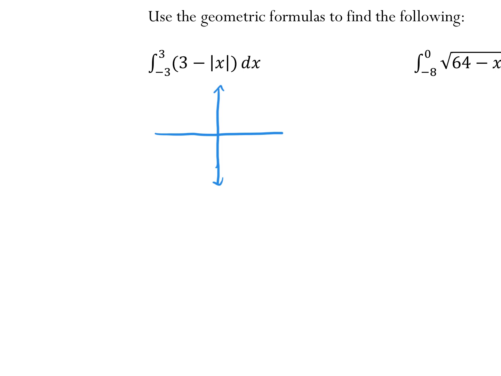What does the function 3 minus the absolute value of x look like? It's an upside down V, yeah? And what are the values of these intercepts? 0, 3, but also then 3, 0, yeah?